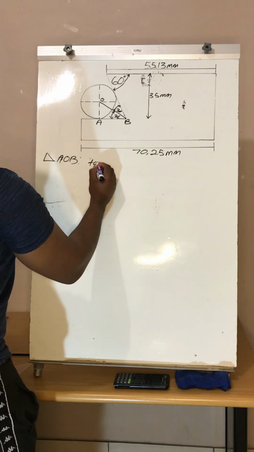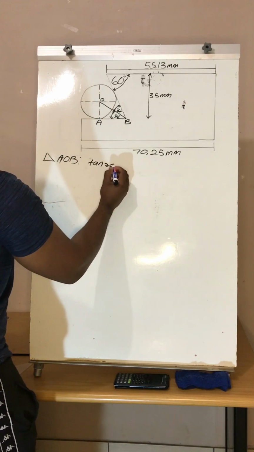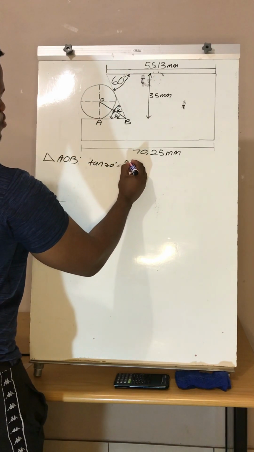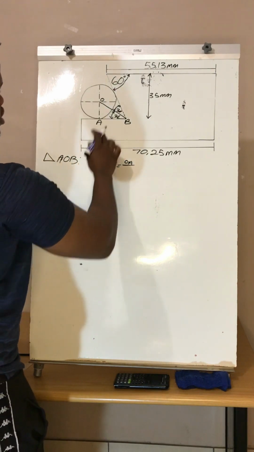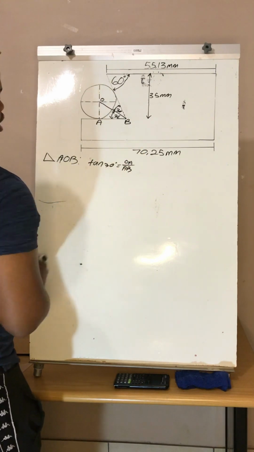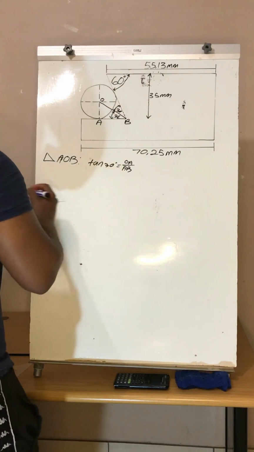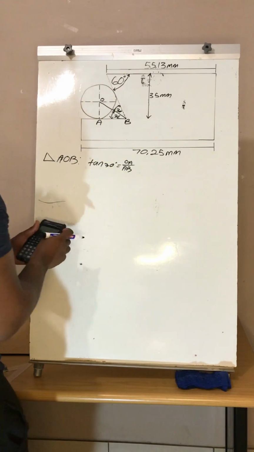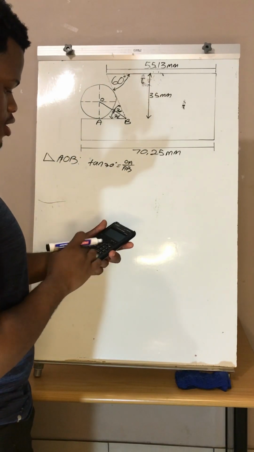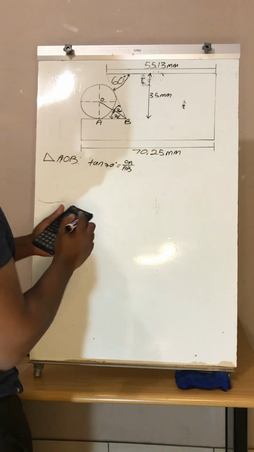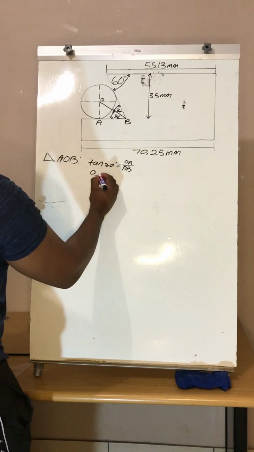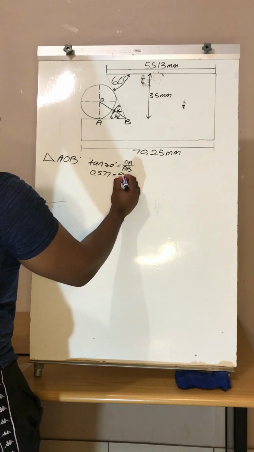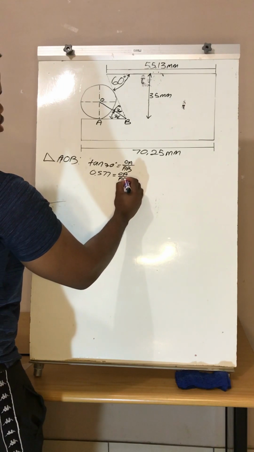So we'll say tan 30 degrees is opposite over adjacent, which is OA over AB, right? Let's punch in tan 30 on the calculator. Tan 30 degrees is 0.577, equal to OA over AB.